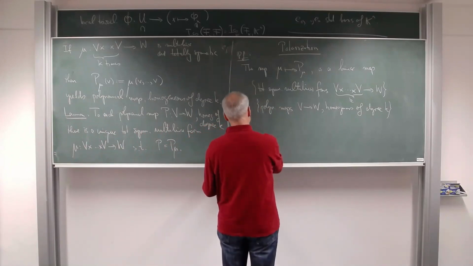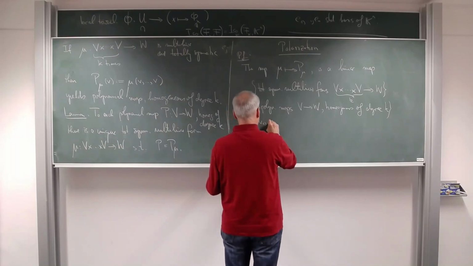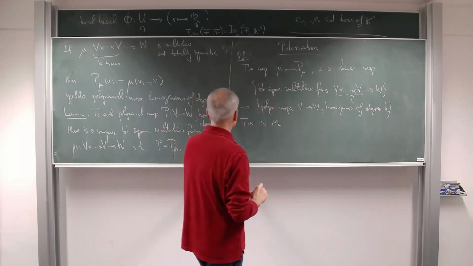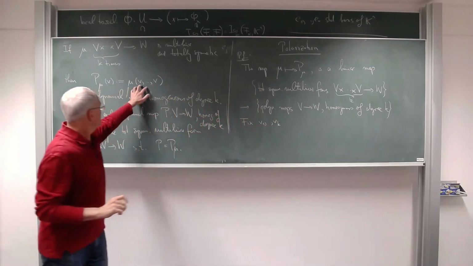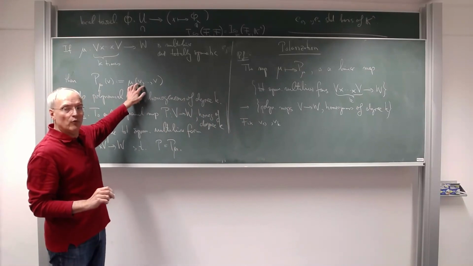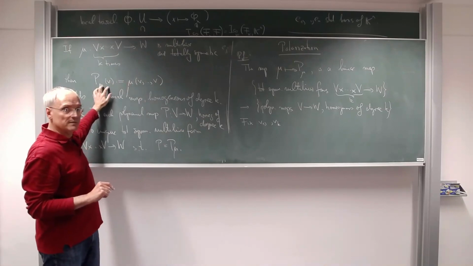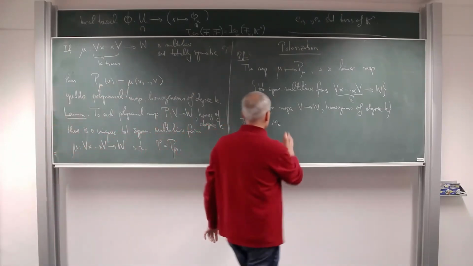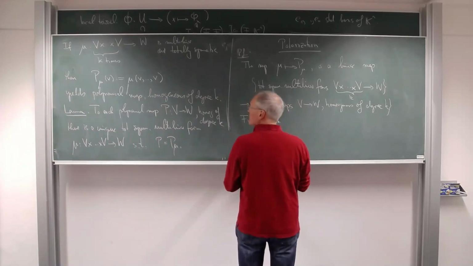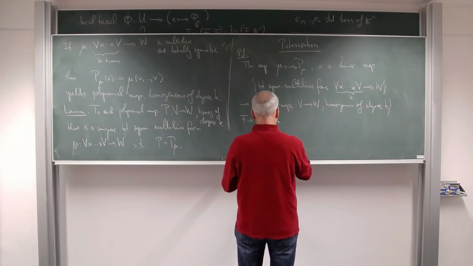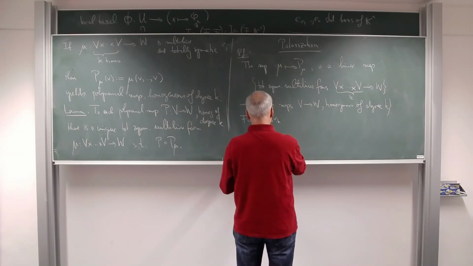Let's look at this: fix the vectors v1 up to vk, these are k vectors. And we want to reconstruct this multilinear form applied to these vectors from this polynomial. And how do we do that? Well, let's insert the following vector into the polynomial, namely a linear combination of those.